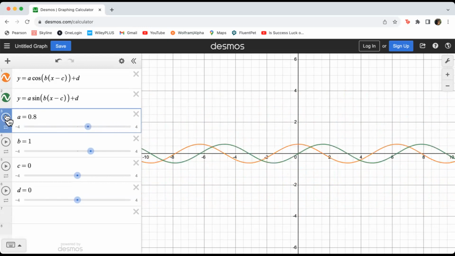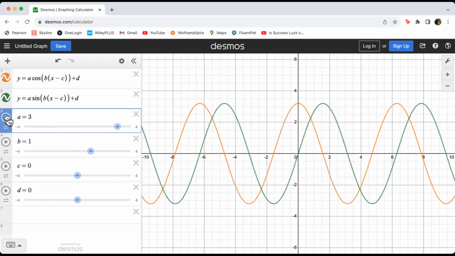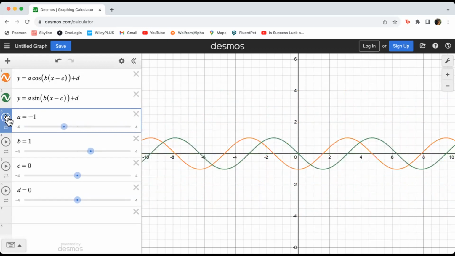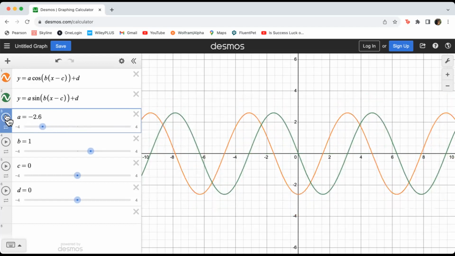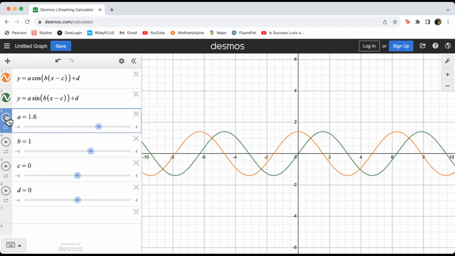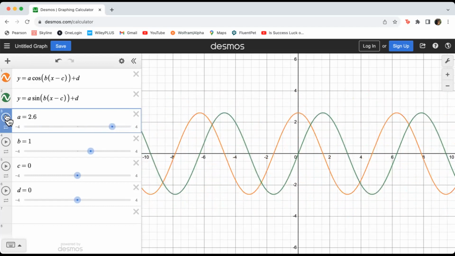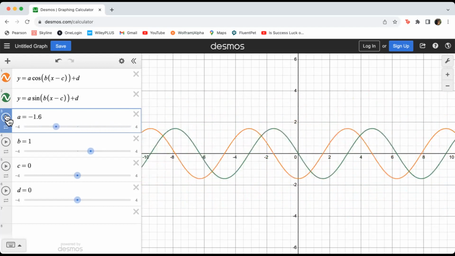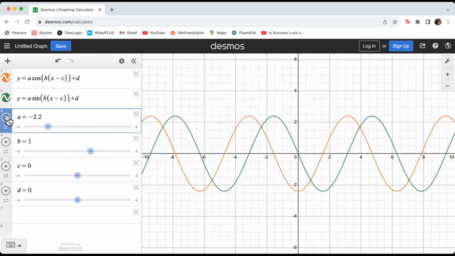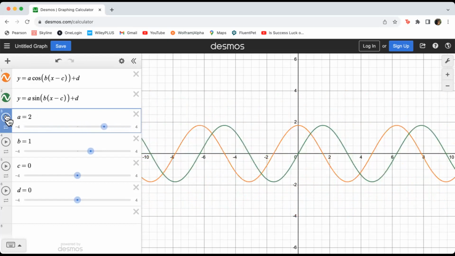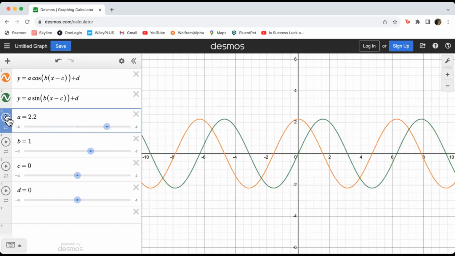Yes. Looks like the amplitude is changing. Is the middle changing? No. Is the period changing? No. How about the start? How is the start changing? What's going on?